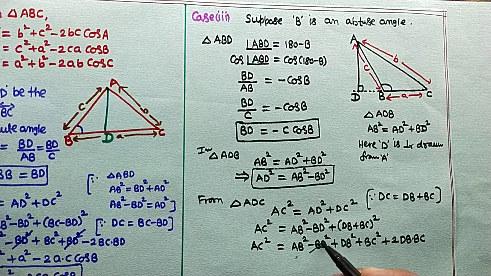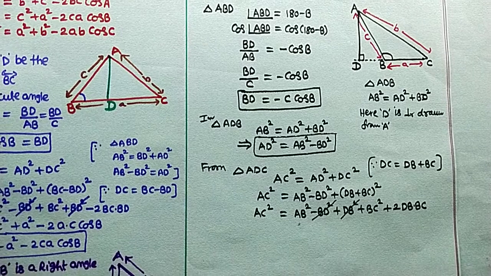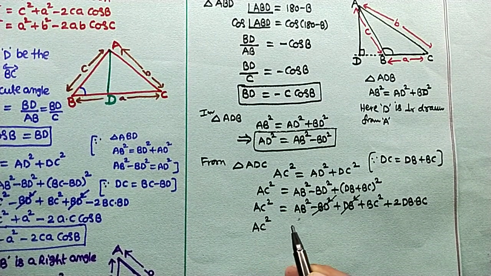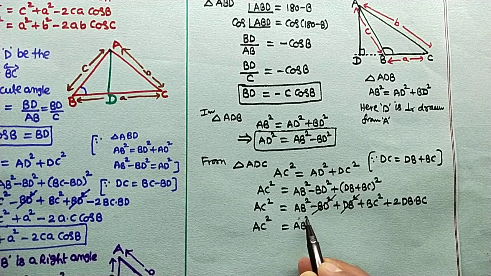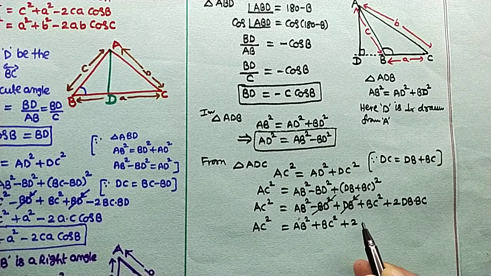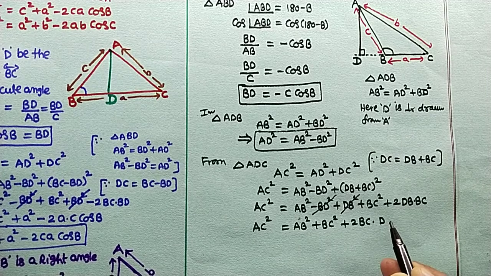Here minus BD square plus BD square will be cancelled. After that, AC square is equal to AB square plus BC square plus 2BC into DB or BD.